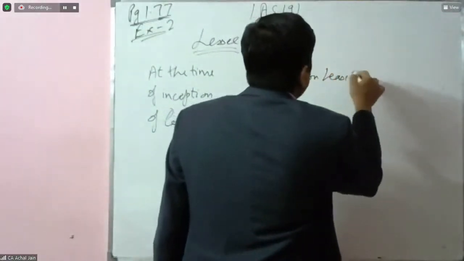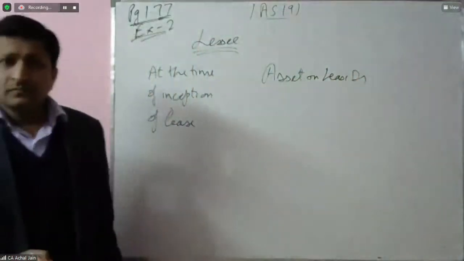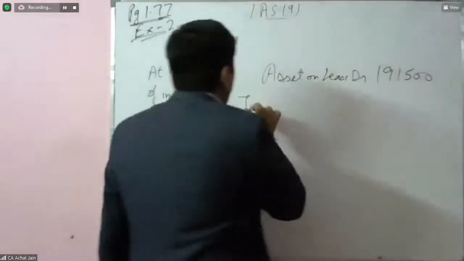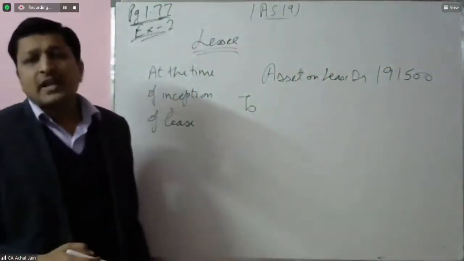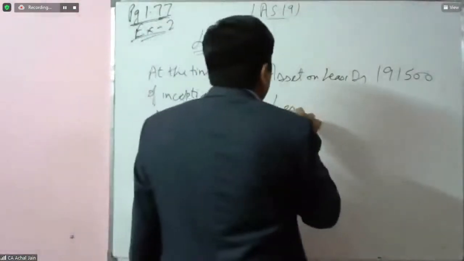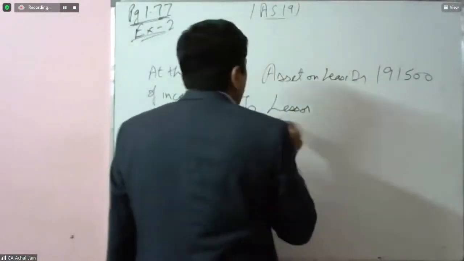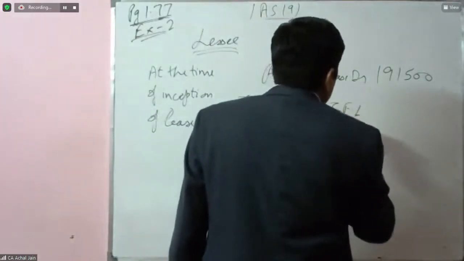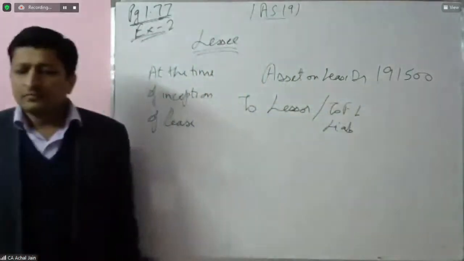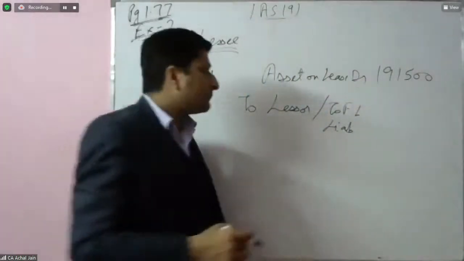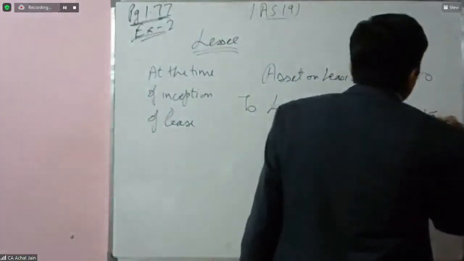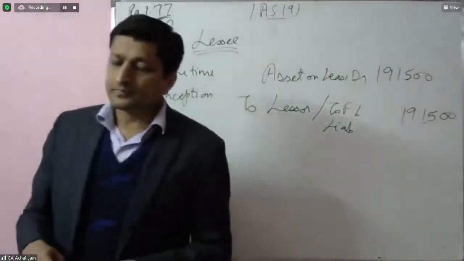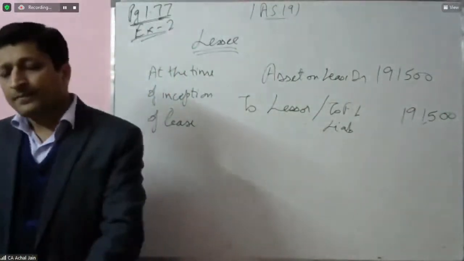Lessee will say asset on lease debit at the present value, to finance lease liability, to lessor or to finance lease liability. You can write either way, 1,91,500. Clear?